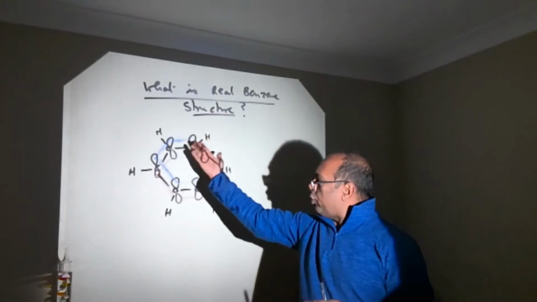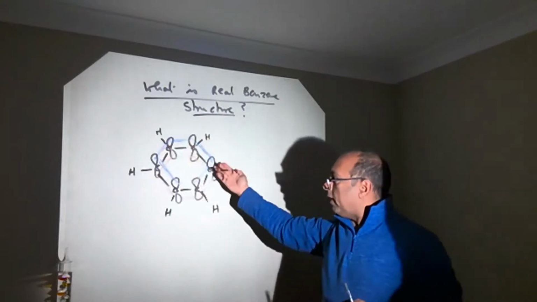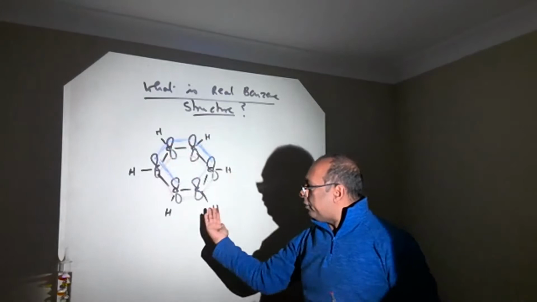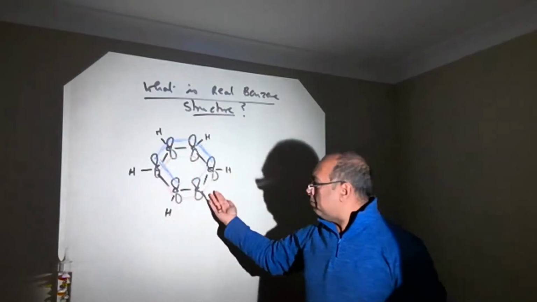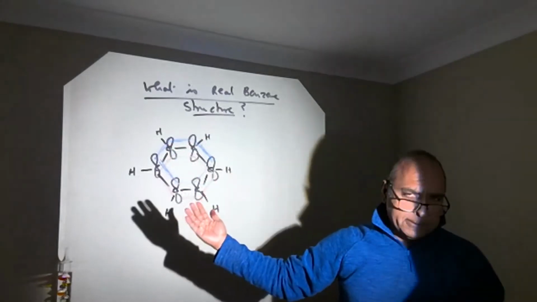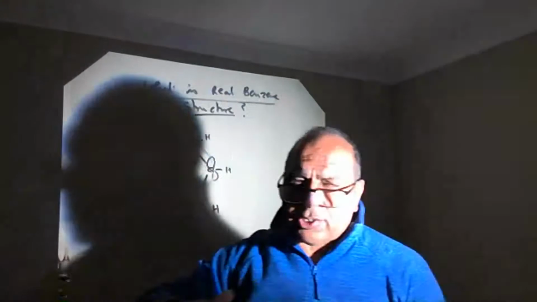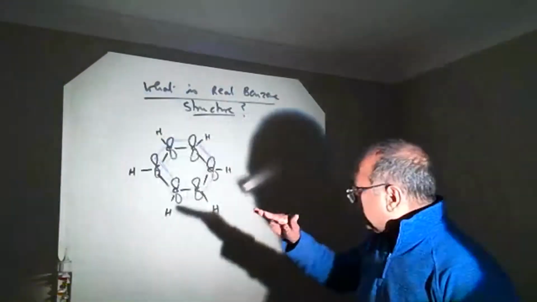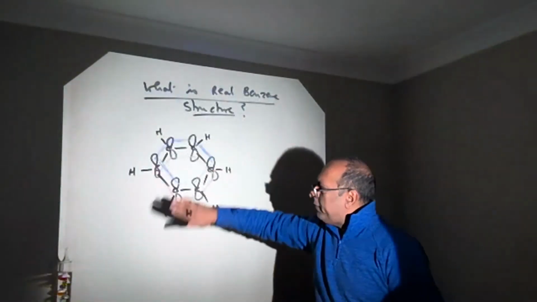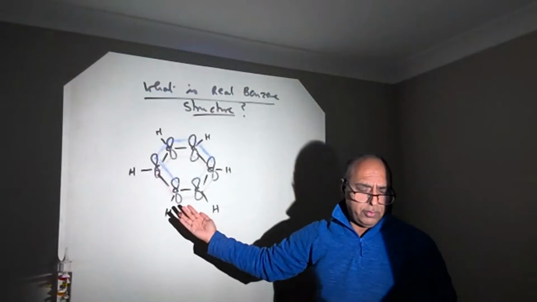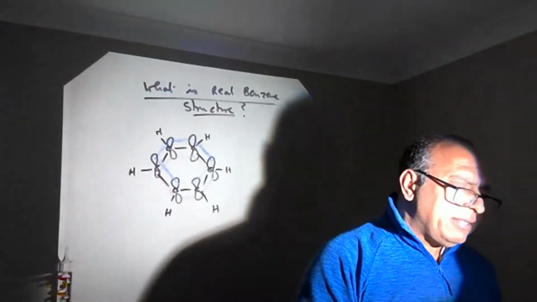You've got the blue overlaps above the plane of the board, and you've got the red overlaps below the plane of the board. And it's almost like a sandwich where you've got the electrons above and then the atoms and the electrons below. And that is real benzene.